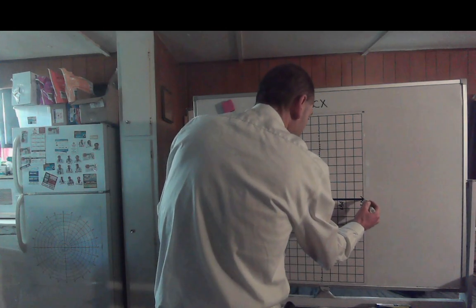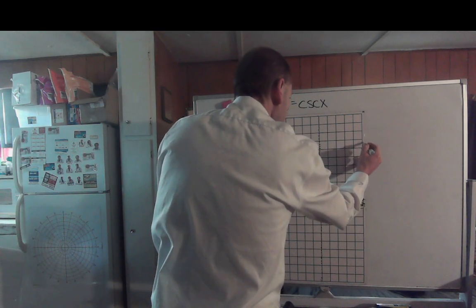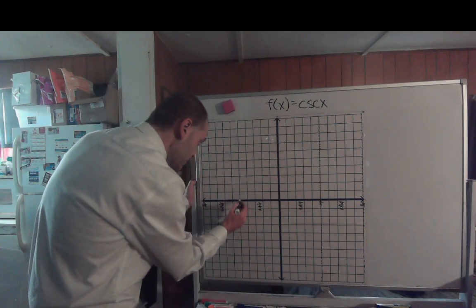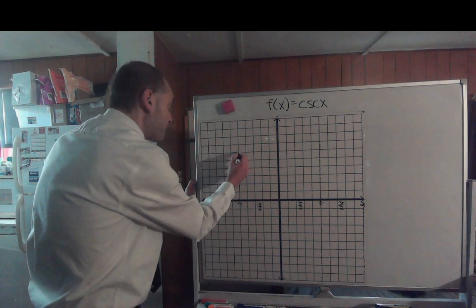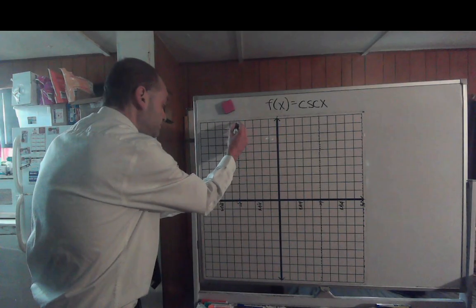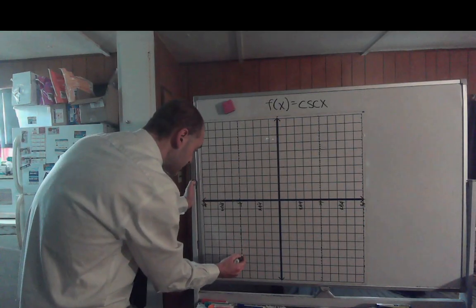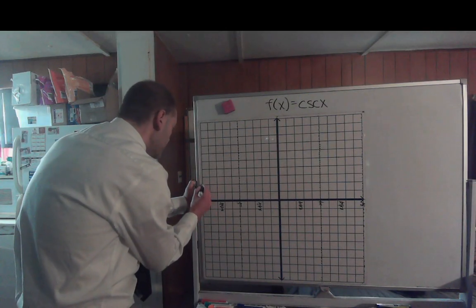So we'll have another one here at 2 pi. What else? Negative pi will have a vertical asymptote. And then we'll have yet another one at negative 2 pi.